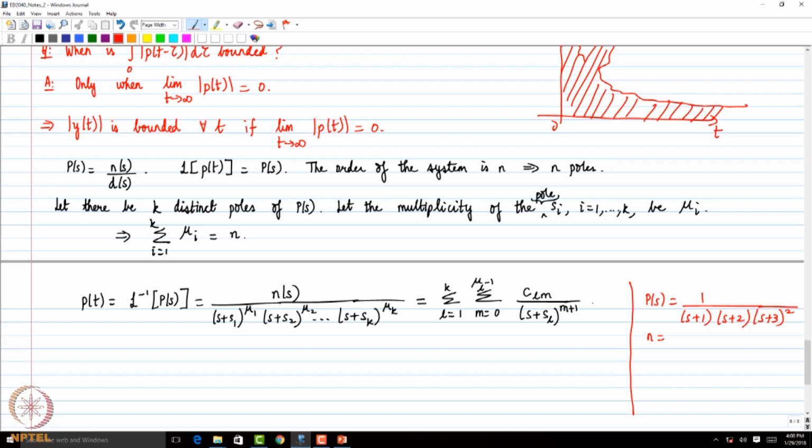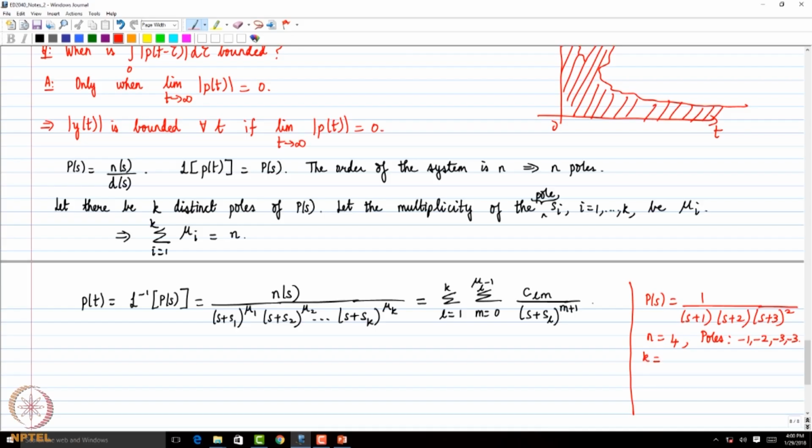The order of the system is the order of the denominator polynomial of the transfer function. What is the order of the denominator polynomial? 4. So n is going to be equal to 4. And what are the poles? It's going to be minus 1, minus 2, minus 3 and minus 3. There are 4 poles, but minus 3 repeats twice.